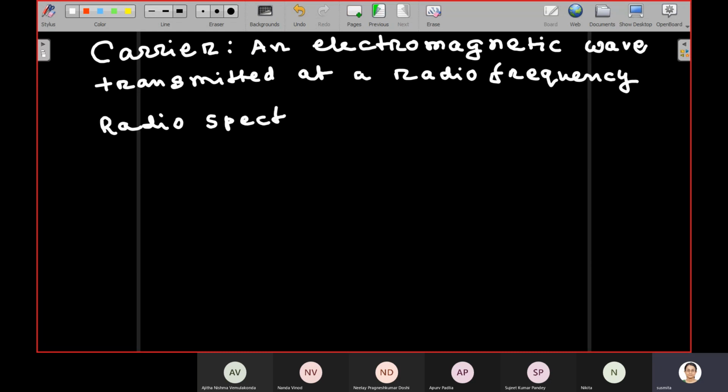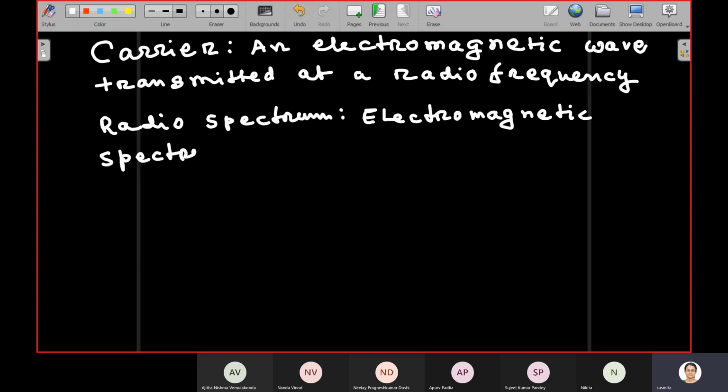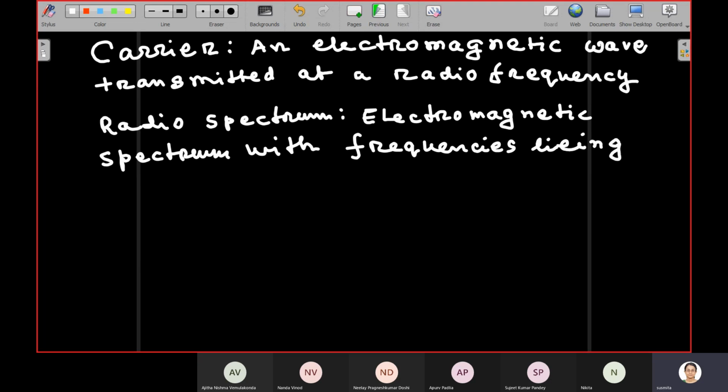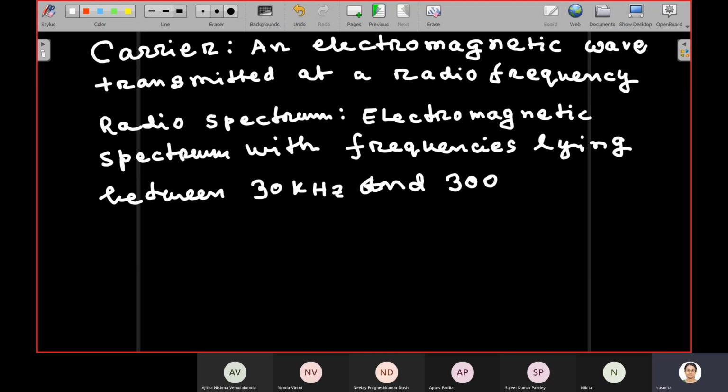So radio spectrum is the electromagnetic spectrum with frequencies lying between, generally, 30 kilohertz to 300 kilohertz.